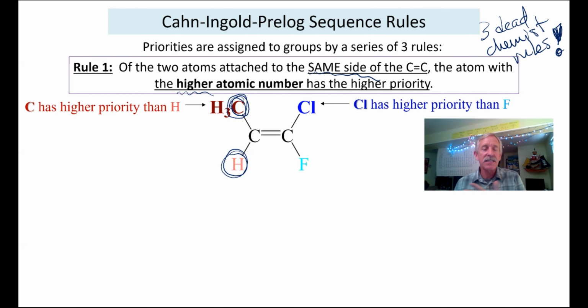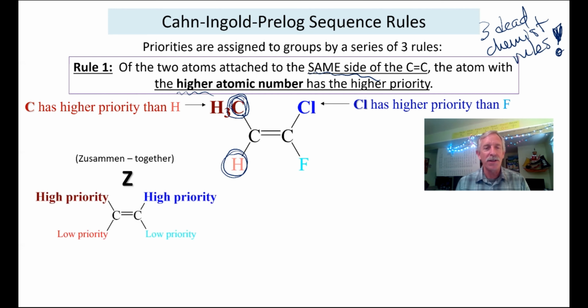Then you can see the Cl has a higher atomic number than the fluorine, and so it will be the higher priority than F. So in the old days, meaning last slide, we would have called this cis. In the new days, where the Cahn-Ingold-Prelog sequence rules take place, aka three dead chemist rules, we have new nomenclature.